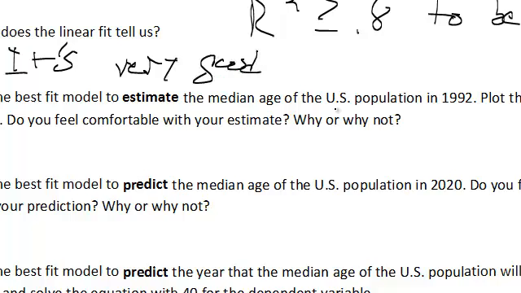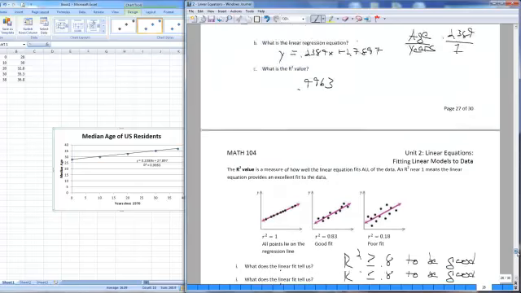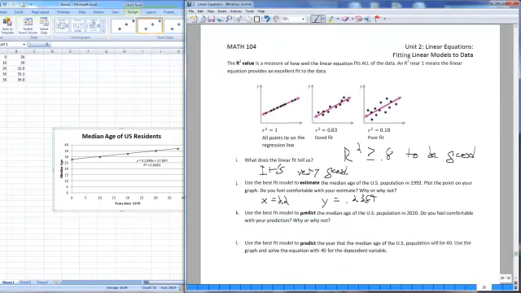Use the best fit model to estimate the median age of the U.S. population in 1992. So remember, this is years since 1970. So x equals 22. So that's about right here. Looking at the line, it should be around 33 years old. Let's plug it in. y equals 0.2389 times 22 plus 27.897.